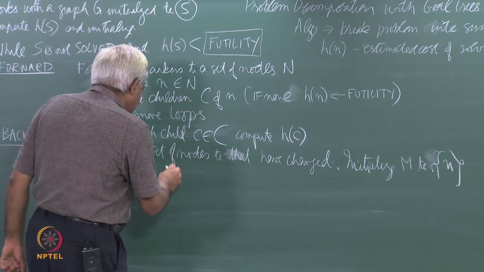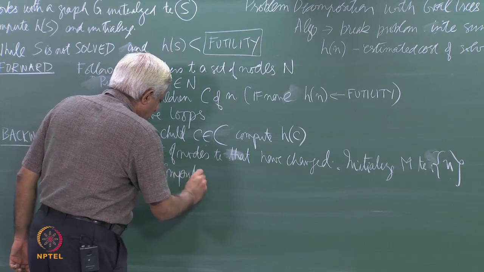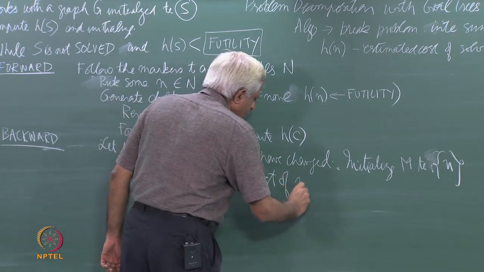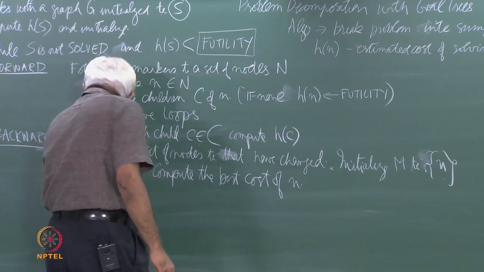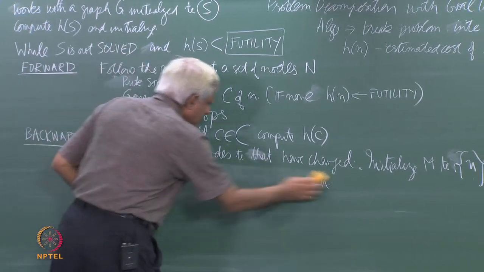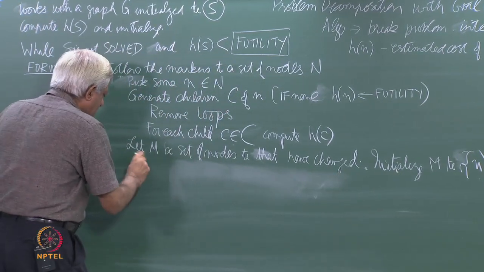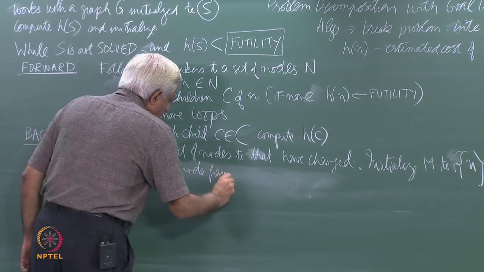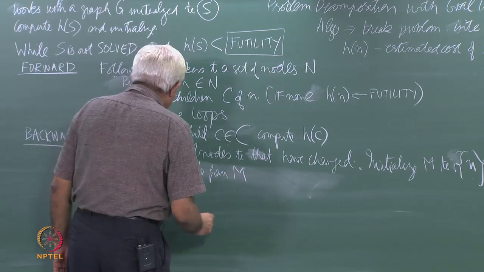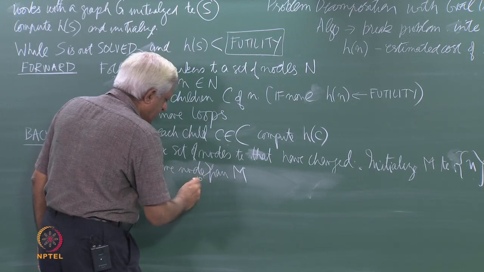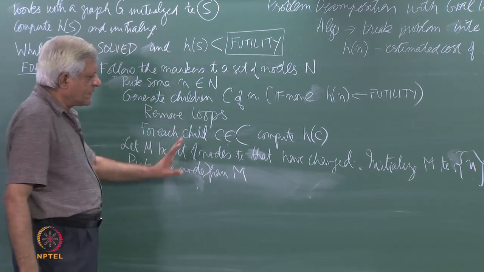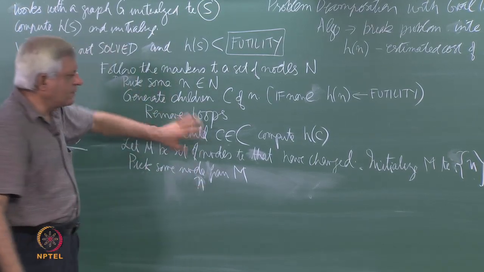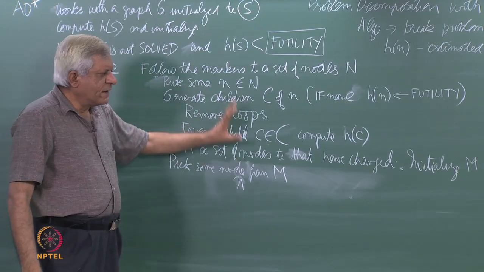It says that compute the best cost of n. Okay, let us say pick, so let's say this node is P or something like that, or just to be consistent, let me use n, because I have just only put n into this M initially.